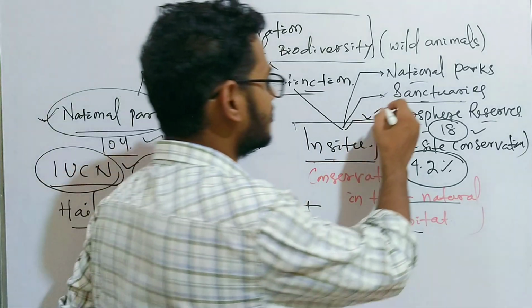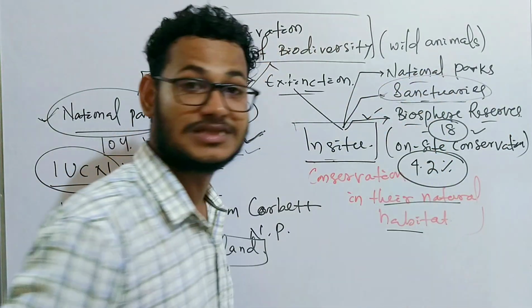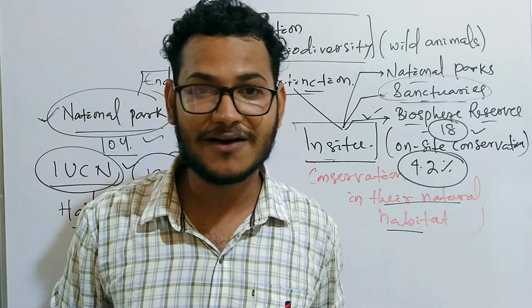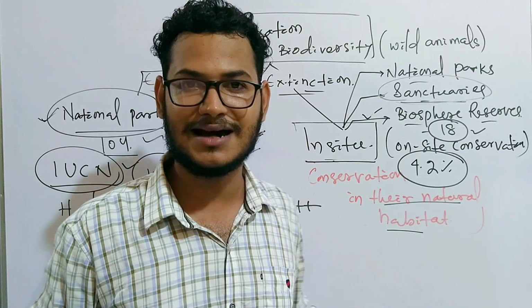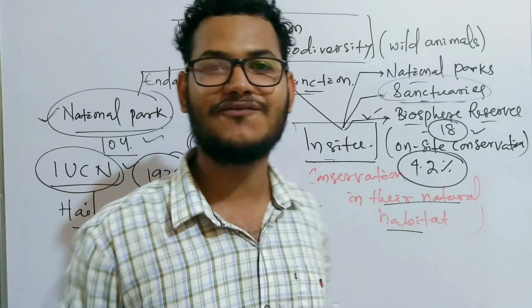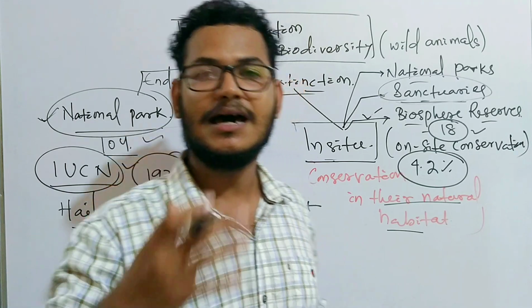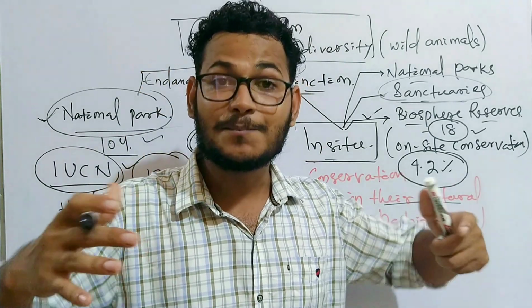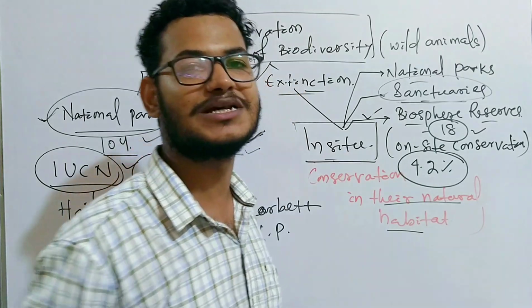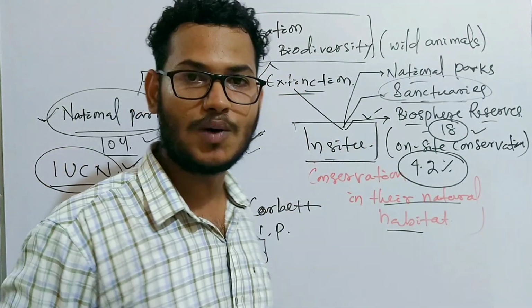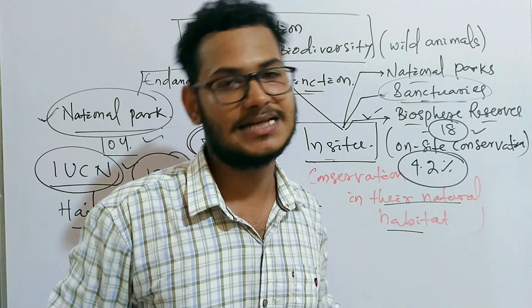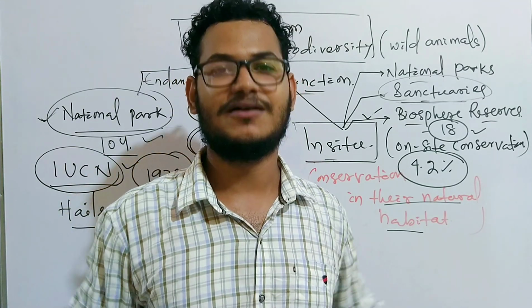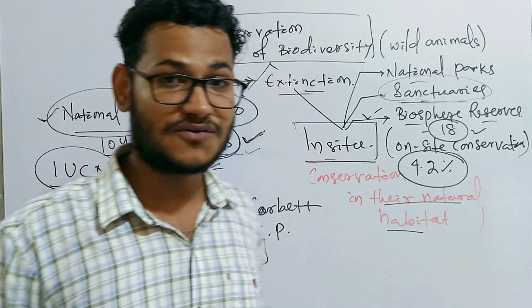So remember, the sanctuaries function with respect to Project Elephant, Project Tiger, Project Lion in order to save elephant, tiger, lion in a specific area where they are available. They are plentifully present. In that specific sanctuary, these projects work to protect these endangered species to ensure their survival.